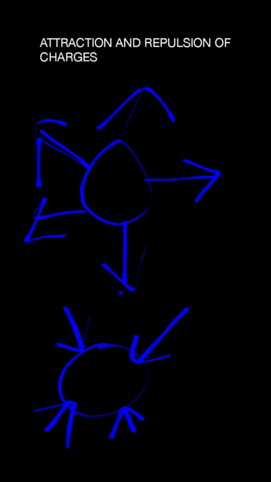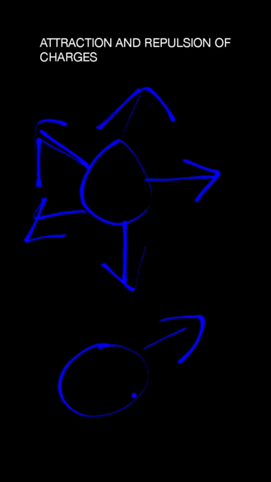So at the end they attract. But what if it's a positive and a positive? You are seeing they are all pointing away, so at the end they repel. A negative charge creates a field pointing towards itself, while a positive creates a field pointing away. When another charge enters this field, it experiences a force. This explains action at a distance. No contact is required.